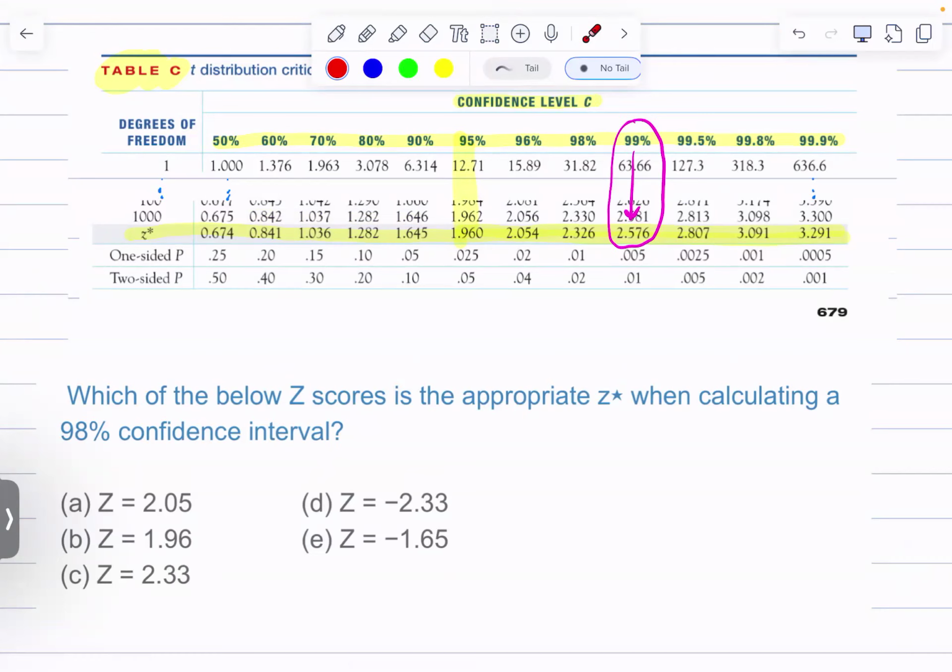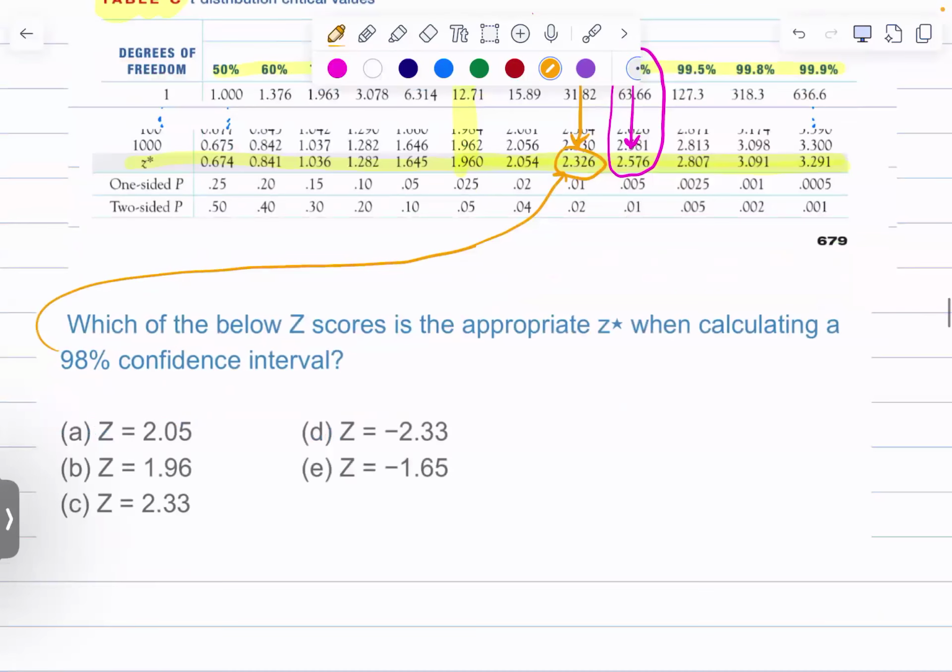So 98%, we're going to go here, and for 98%, I have a Z star of 2.326, or 2.33 if you want.